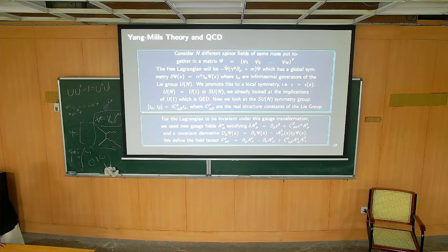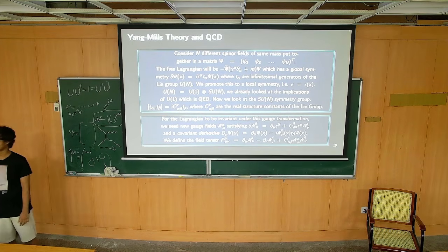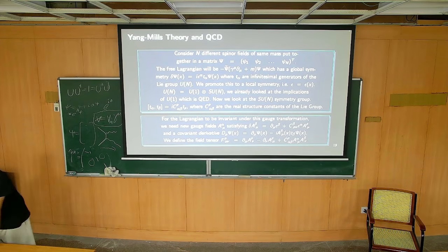U(N) is not abelian, it's a rotation. Can you tell explicitly what the abelian normal subgroup of U(N) is, what the commutator subgroup of U(N) is?